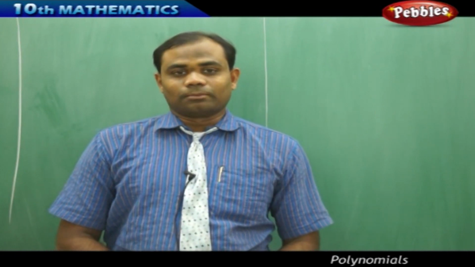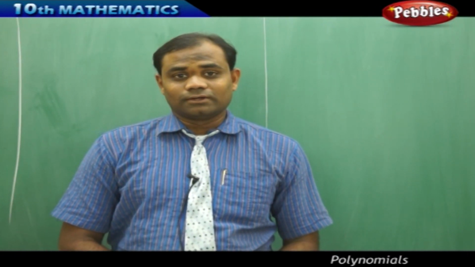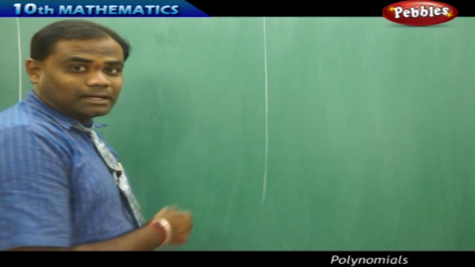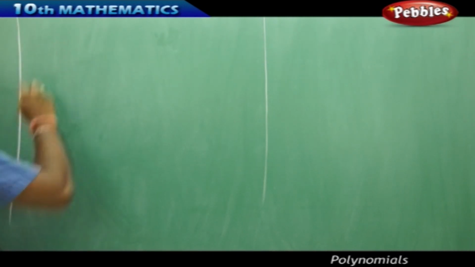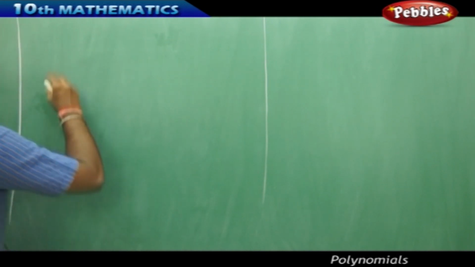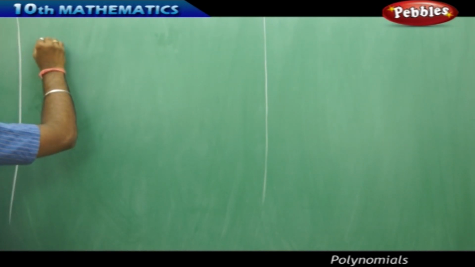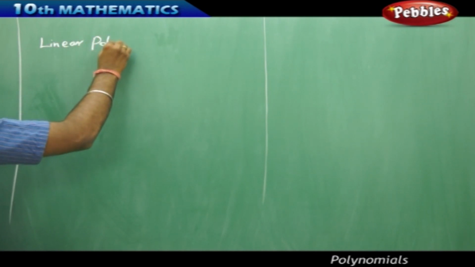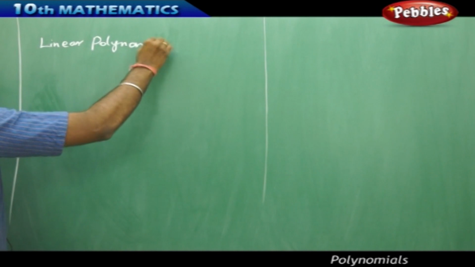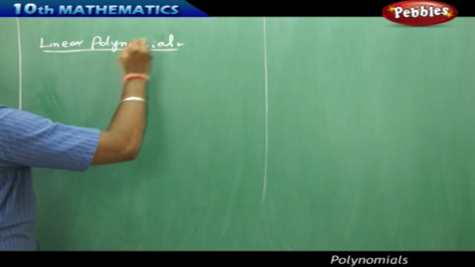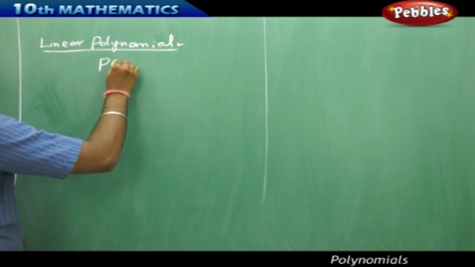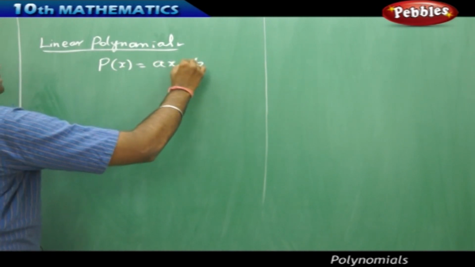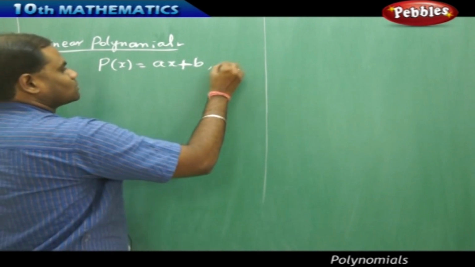Now the linear polynomial, let's see what the zeros of the linear polynomials would be as a general case. For example, I take the linear polynomial in general form. A linear polynomial when written in the general form would be p of x equal to ax plus b, where a and b are constants and a is not equal to 0.